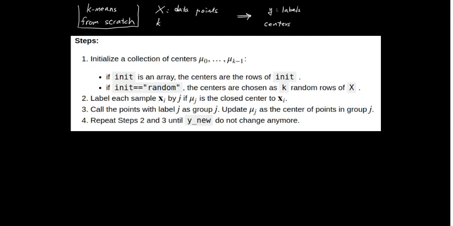Okay, so that's our goal. With the given data set and given K, I want to generate what is the label and what are the centers. Okay, so now let's look at each of the steps one by one.